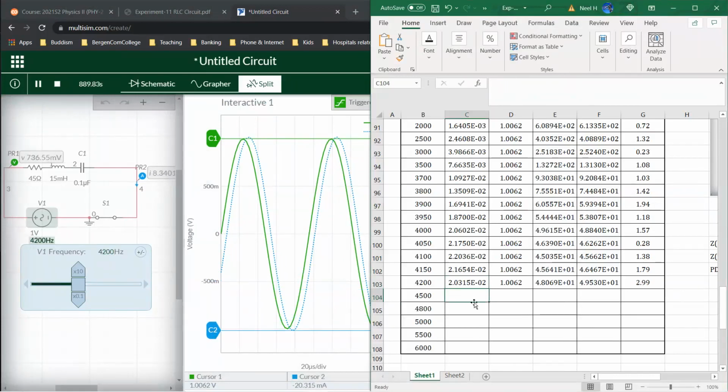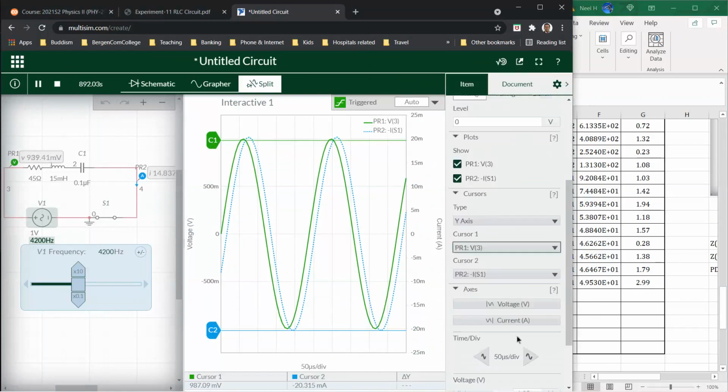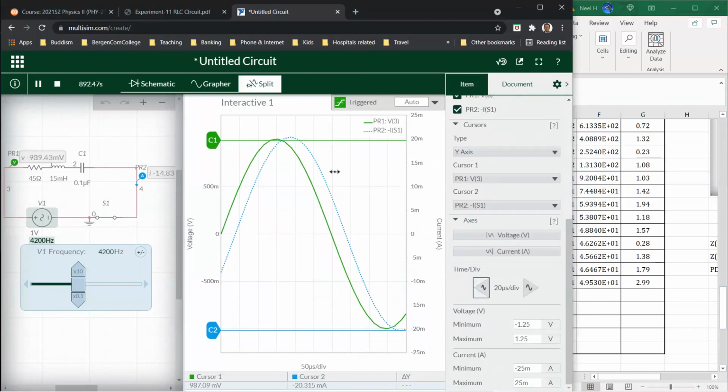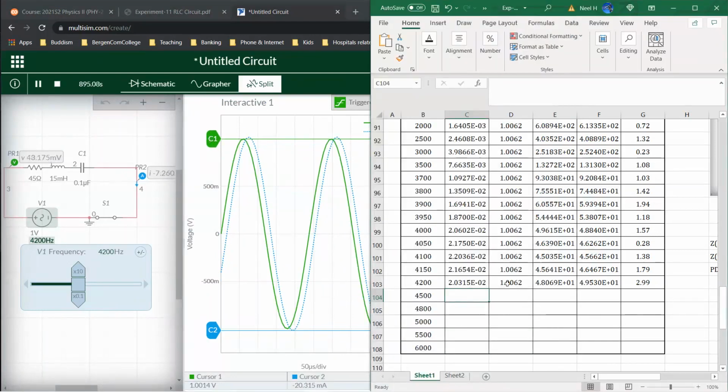Okay, it's about the same, I think. That has a little bit larger error, probably. The only reason is reading error, nothing else can be wrong in this case. So you can try to recheck a couple of times to get it as accurate as possible. I think 20.315 is the one I can read.